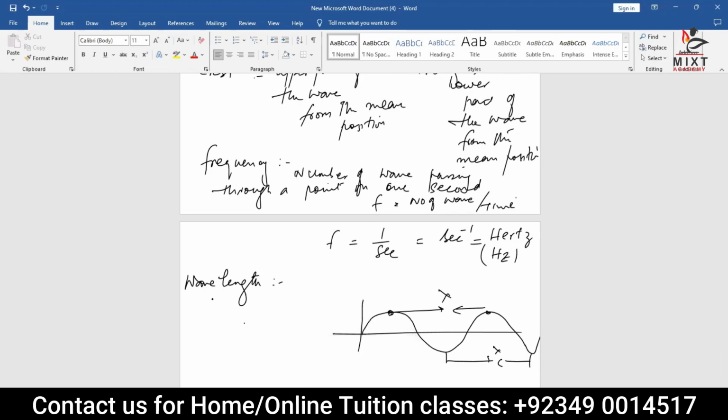So we can say that the distance between two consecutive crests or two consecutive troughs is what we call wavelength.